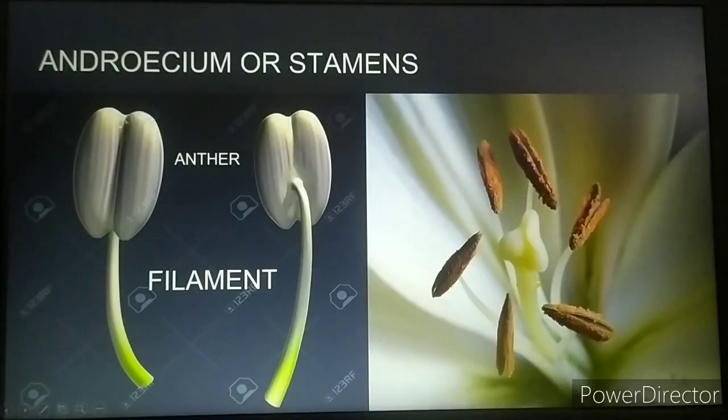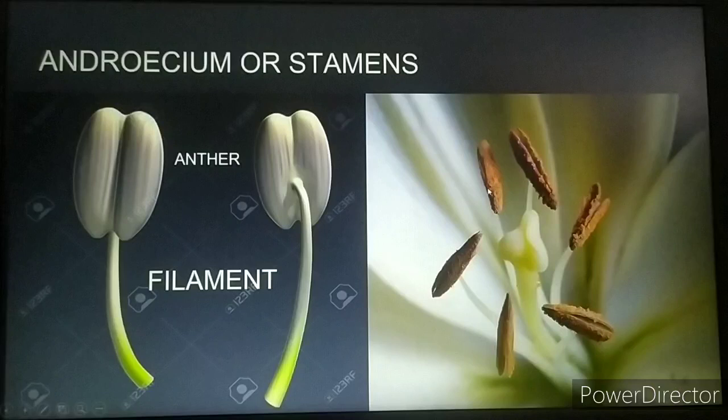These are the two pollen sacs which are filled with pollen grains, and these pollen grains are powdery in nature or very small in size, present in the pollen sacs of the anther. The pollen grains are very minute, as you can see here.